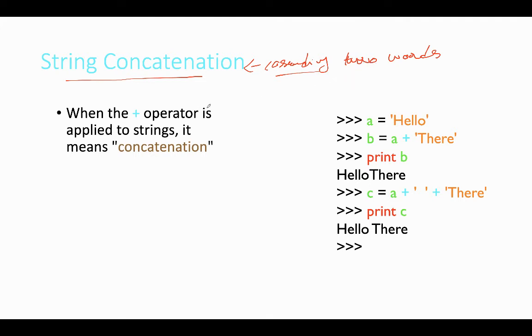To cascade two words or two sentences, the operator we use is plus. So the point says that when the plus operator is applied to strings, it means that it is a concatenation.